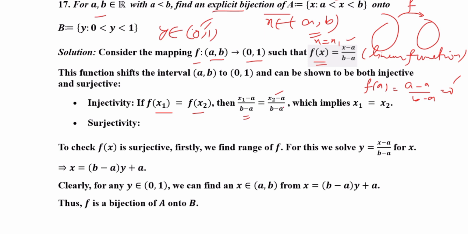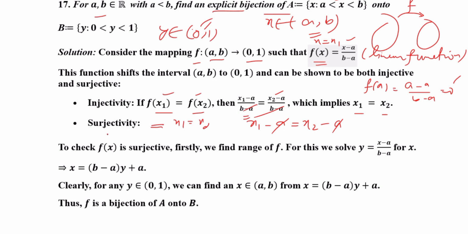By cancelling b minus a from both sides, we have x1 minus a is equal to x2 minus a. Adding a on both sides, we have x1 is equal to x2. This shows that whenever f of x1 is equal to f of x2, this implies x1 is equal to x2. This implies our function f is an injective function.